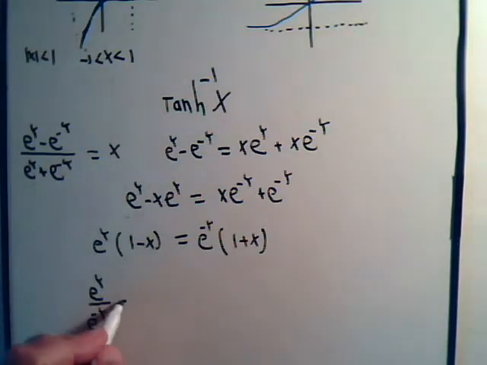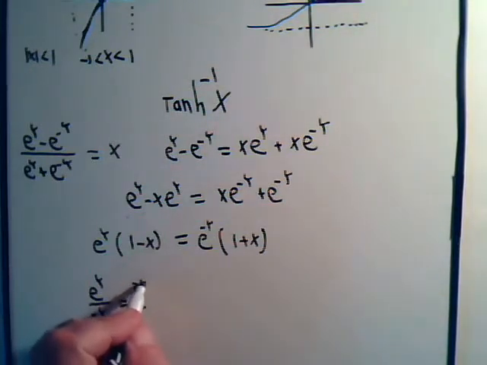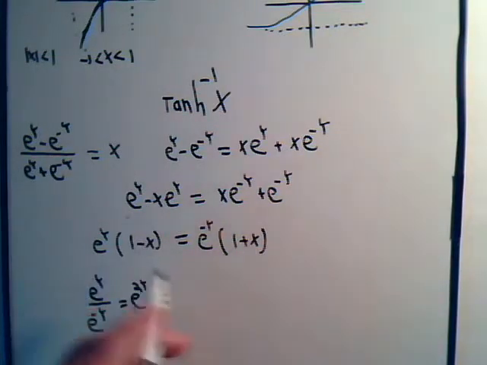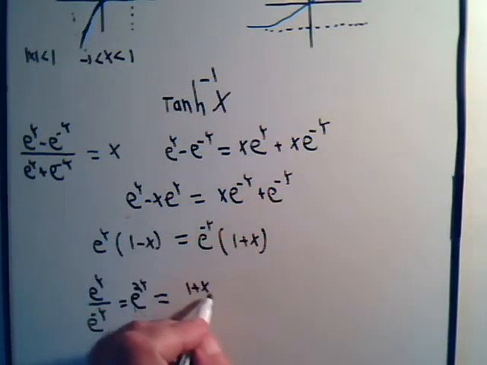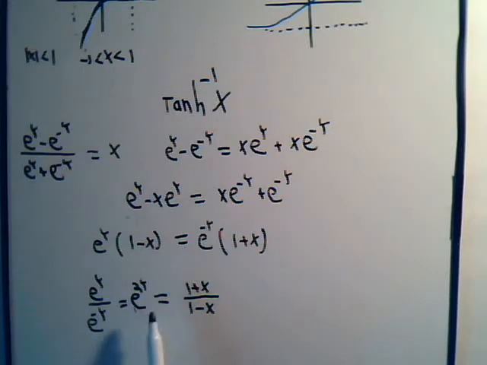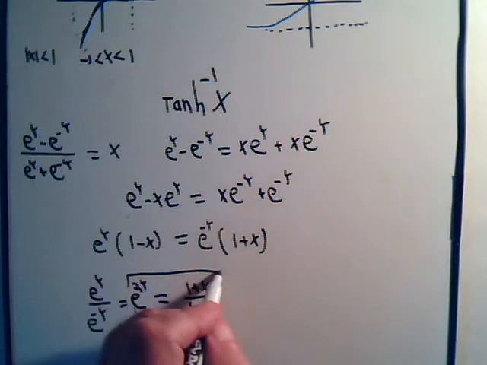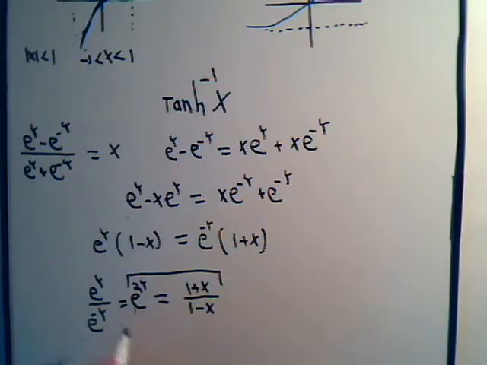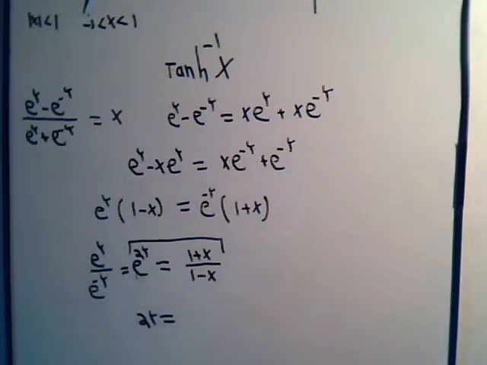This divided by this, e to the plus 2y, and that will equal this divided by this. e to the 2y equals this, so if we take a logarithm of both sides, then we're going to have that 2y is equal to the natural log of 1 plus x divided by 1 minus x.